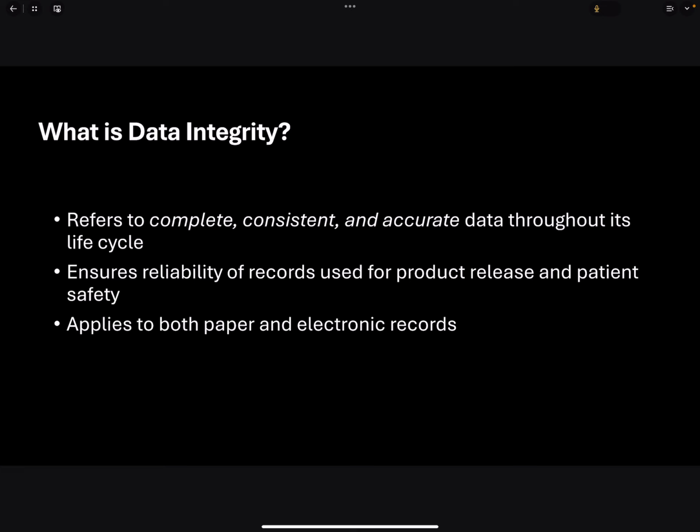That means no missing information, no hidden edits, and no unexplained changes. Good data integrity ensures that our final product is truly safe and effective for patients. It's not just a compliance requirement, it's a matter of ethics.